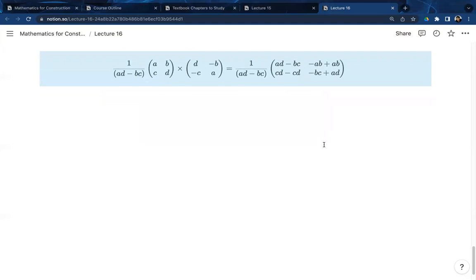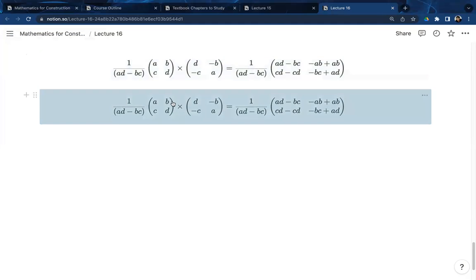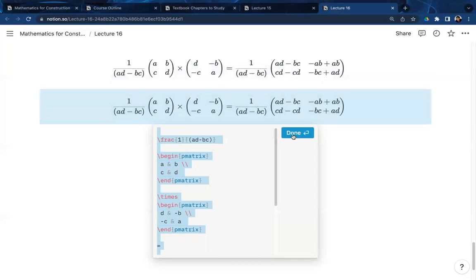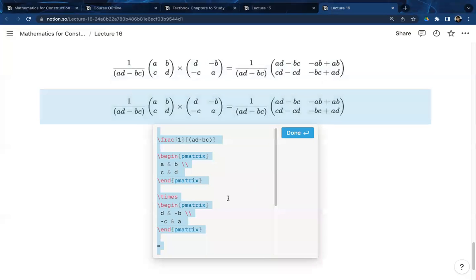So, you get an answer like that, but you should try and simplify it. What is this minus AB plus AB? This is 0.